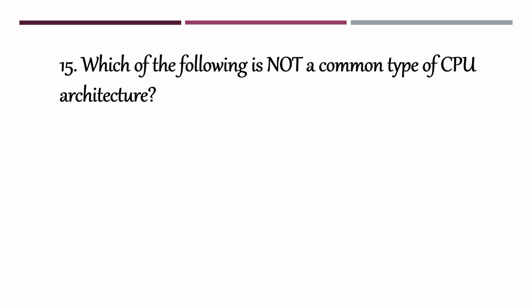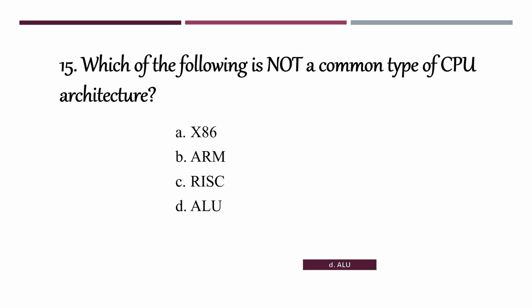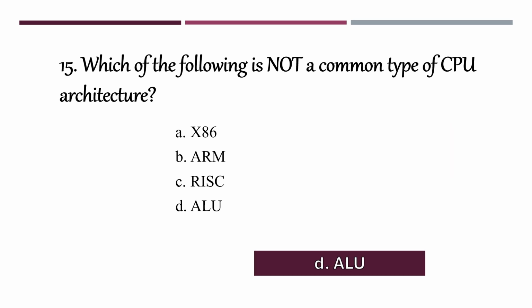Which of the following is not a common type of CPU architecture? Option D, ALU.